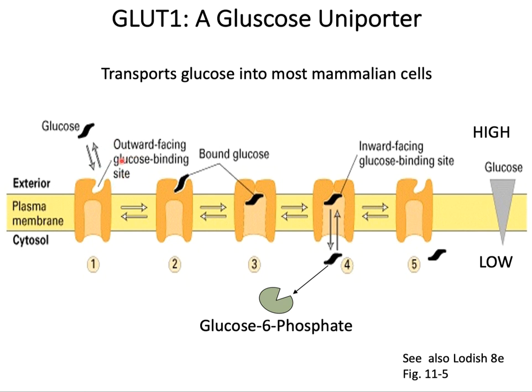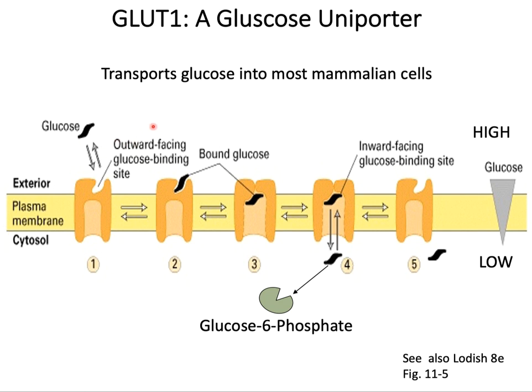It is outward facing and shown here in 1 and 2. And in the other conformation, the glucose binding site is facing inward toward the cytosol in 3 and 4. Again, glucose is moving down from the area of high concentration to an area of low concentration on this side of the membrane. So this is how this transporter works.